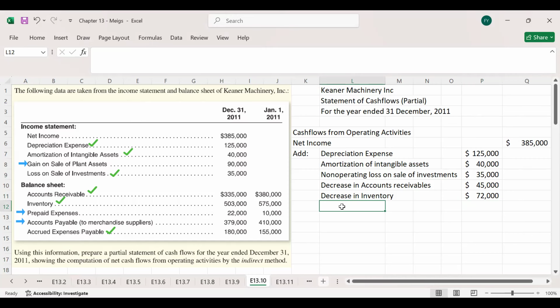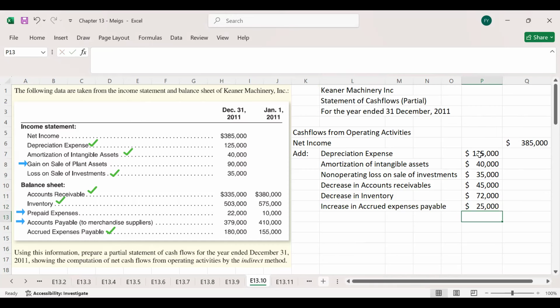So you can see increase in accrued expenses payable. If there's an increase in liability, this means that the cash will also be increased. How much? 180,000 minus $155,000.